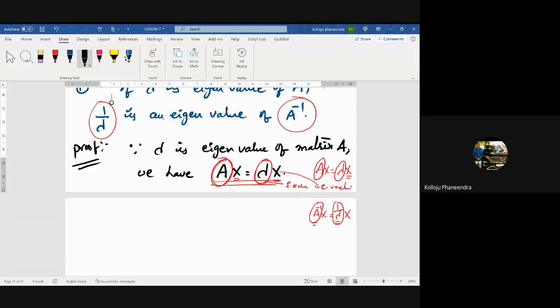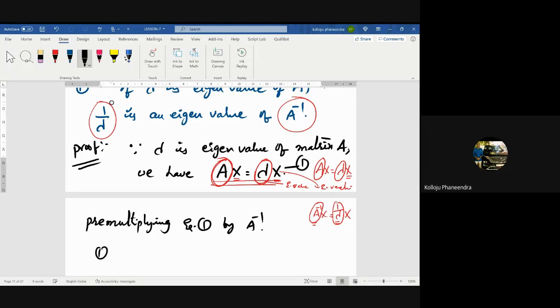The logic is pre-multiplying. In matrices, pre- and post-multiplication are different. Pre-multiplying, take this as equation 1, by A inverse.